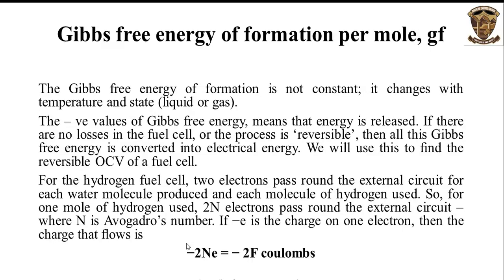For the hydrogen fuel cell, two electrons pass around the external circuit for each water molecule produced and each molecule of hydrogen used. So for 1 mole of hydrogen used, 2N electrons pass around the external circuit, where N is Avogadro's number. If e is the charge on one electron, then the charge that flows is minus 2Ne, which is equal to minus 2F coulombs.